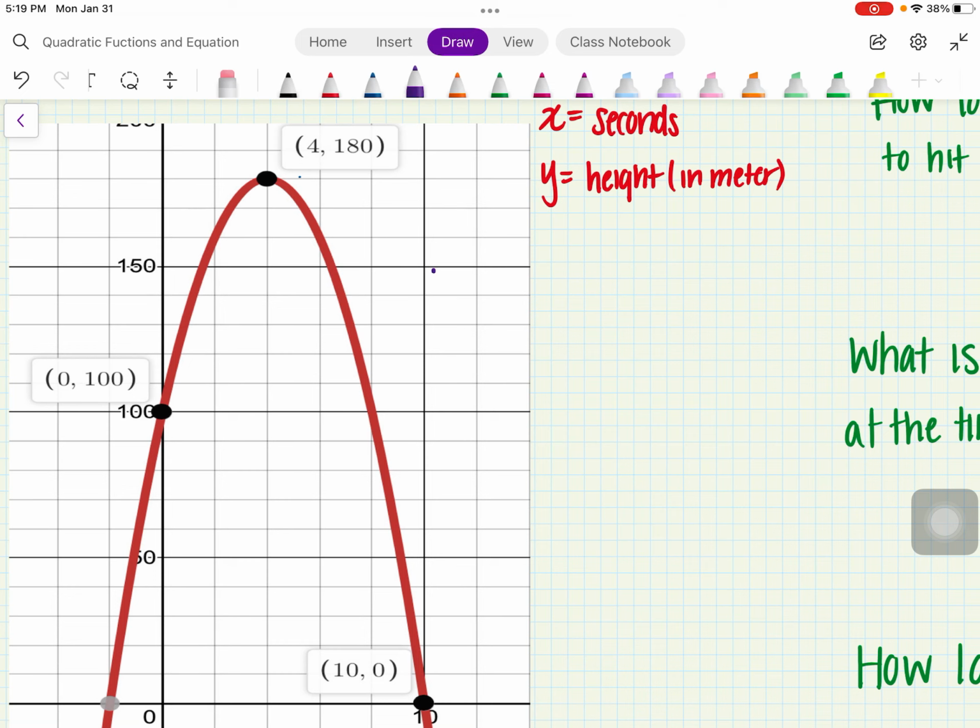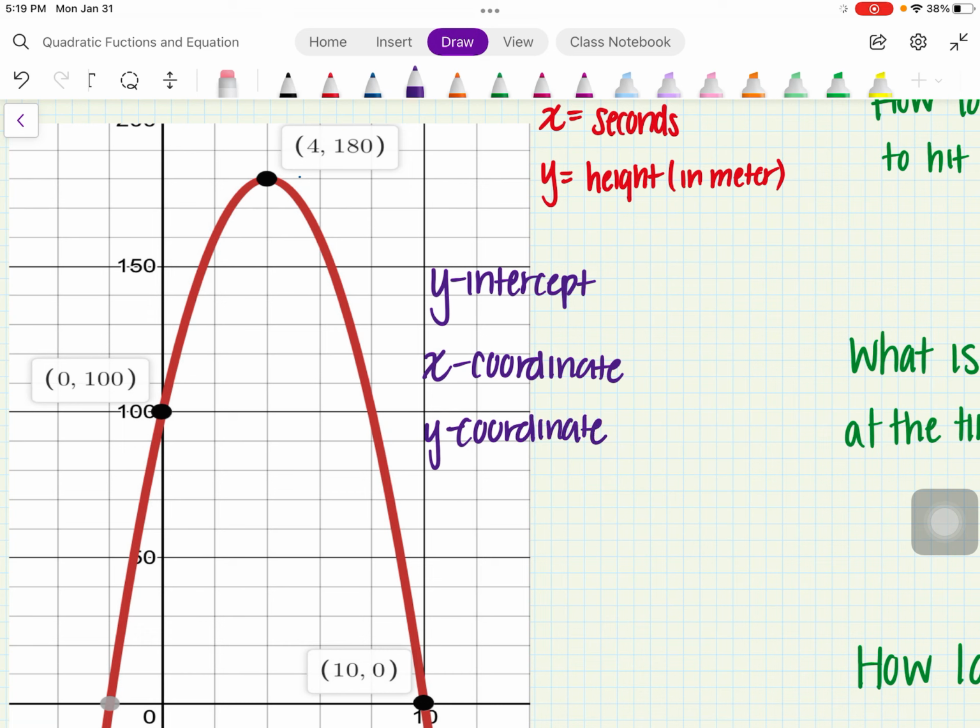So you're either going to be looking for your y-intercept, your x-coordinate, y-coordinate, or x-intercept. Now, both of these points here, the x and y coordinate, are found at the vertex. Those 2 are found at the vertex.